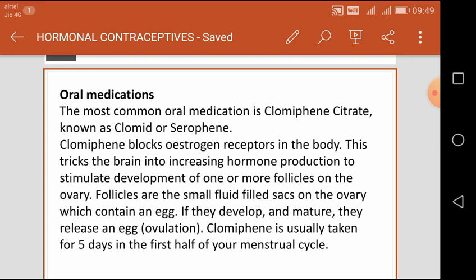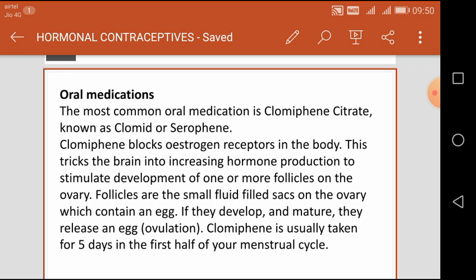If you are not recalling the ovary, just have a look at your first year anatomy and physiology. Follicles are small fluid filled sacs on the ovary which contain an egg. If they develop and mature and release the egg, that is called ovulation.